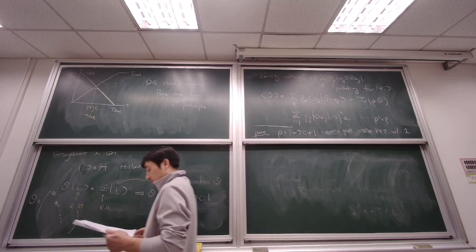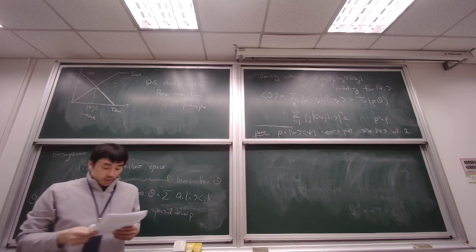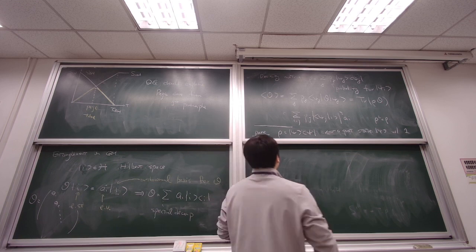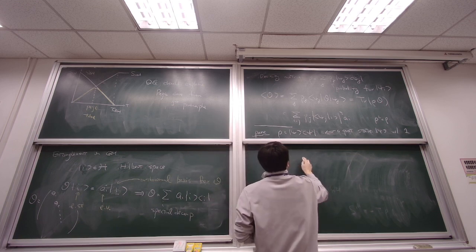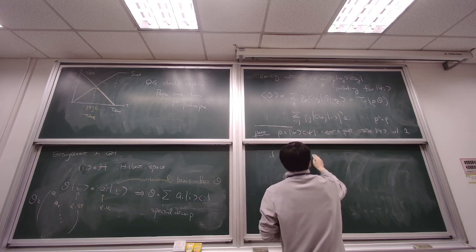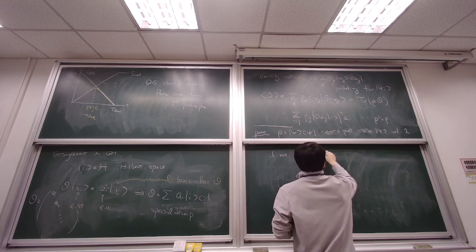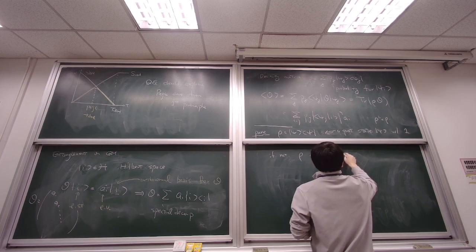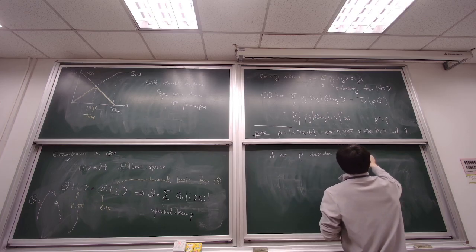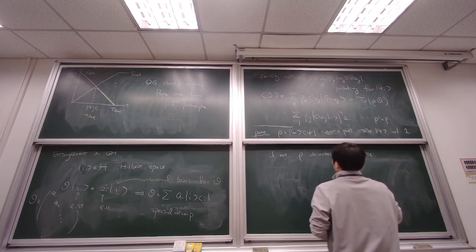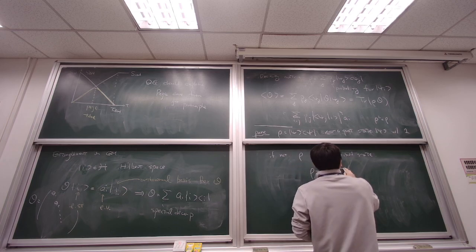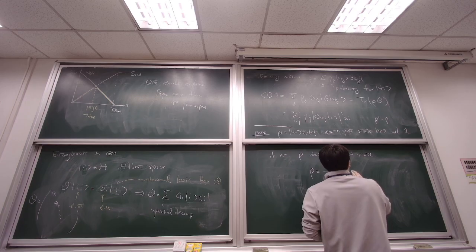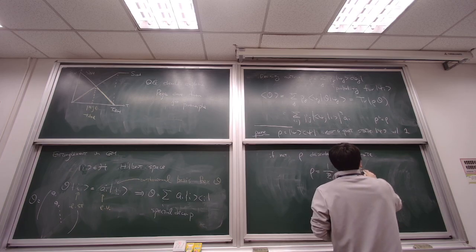Pure state. Otherwise, if not, rho describes a mixed state. So in particular, for thermal radiation, rho is written as 1 over Z, sum over n of e to the beta E_n.